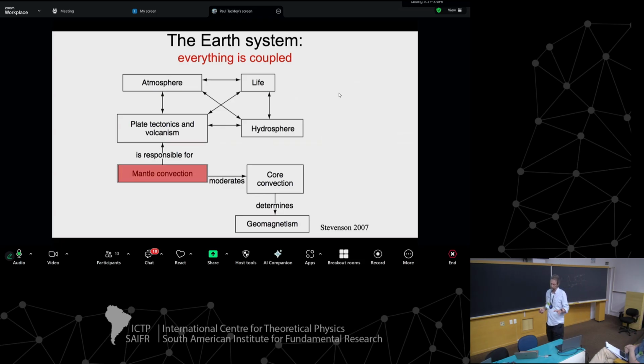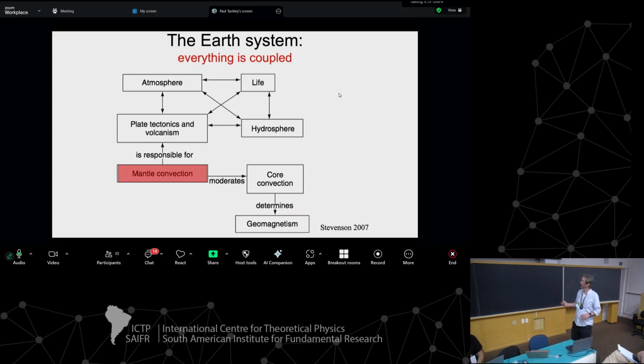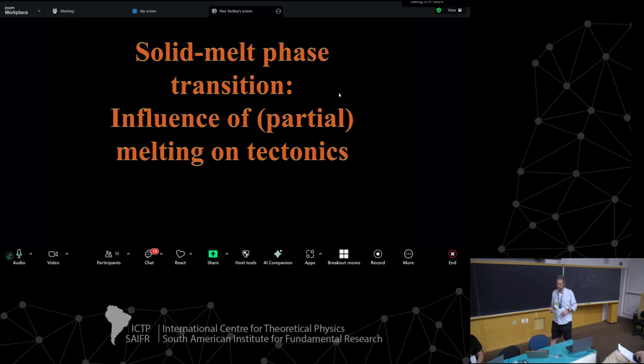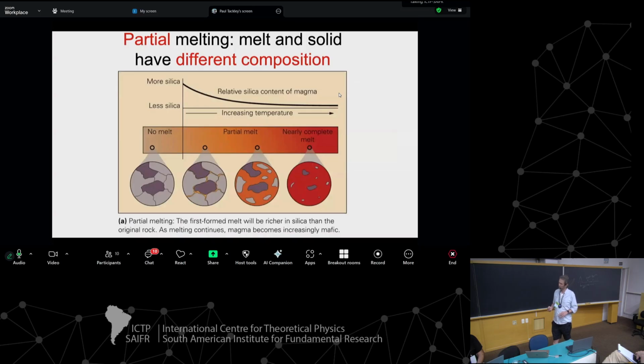People who look at these exoplanets are particularly interested in this. Also mantle convection controls the heat flux coming from the core, which determines geomagnetism. So we like to model the mantle convection and plate tectonic system and then parameterize these couplings with the other spheres. So let's start off with the solid melt transition, particularly the influence of partial melting.